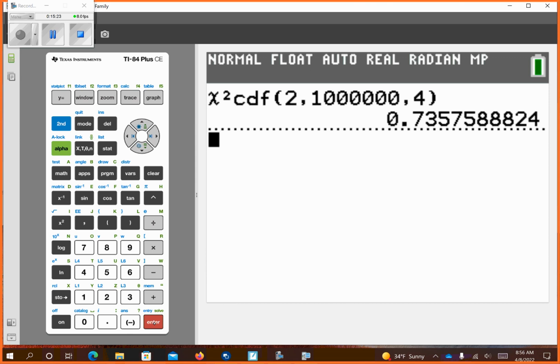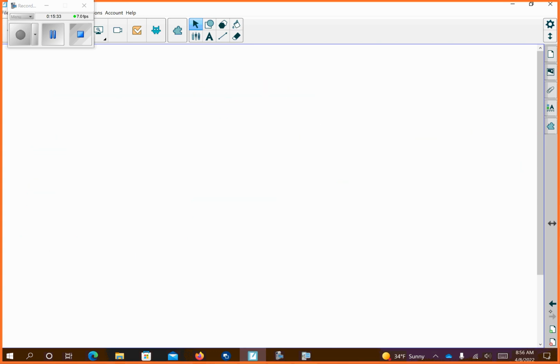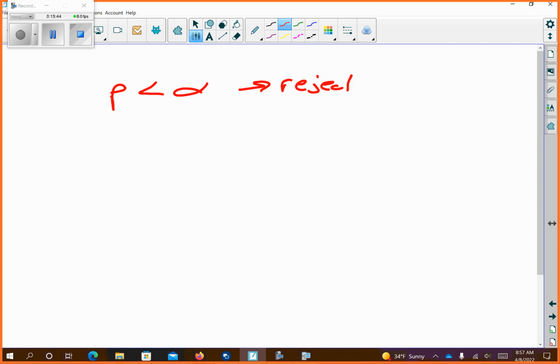Recall that if p is less than alpha, we reject the null hypothesis. Let me go back to my board. So they said if p is less than alpha, we reject the null hypothesis.